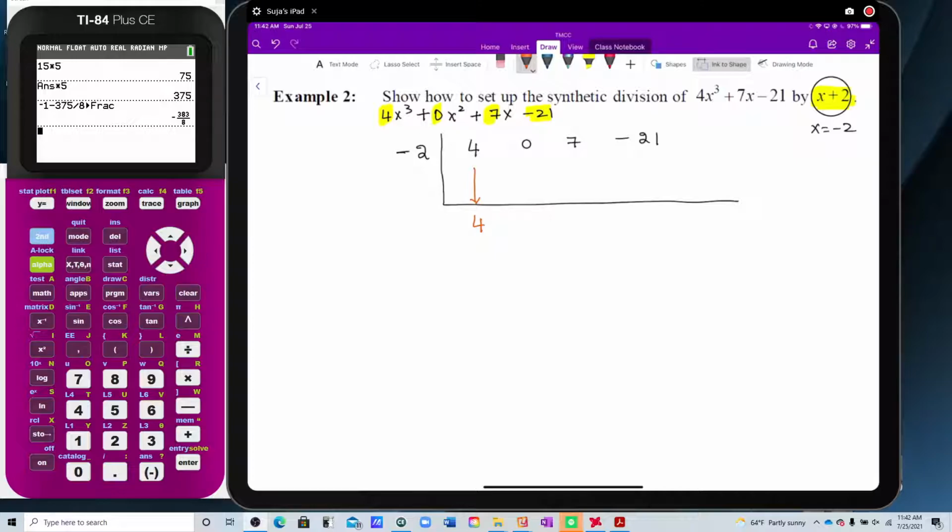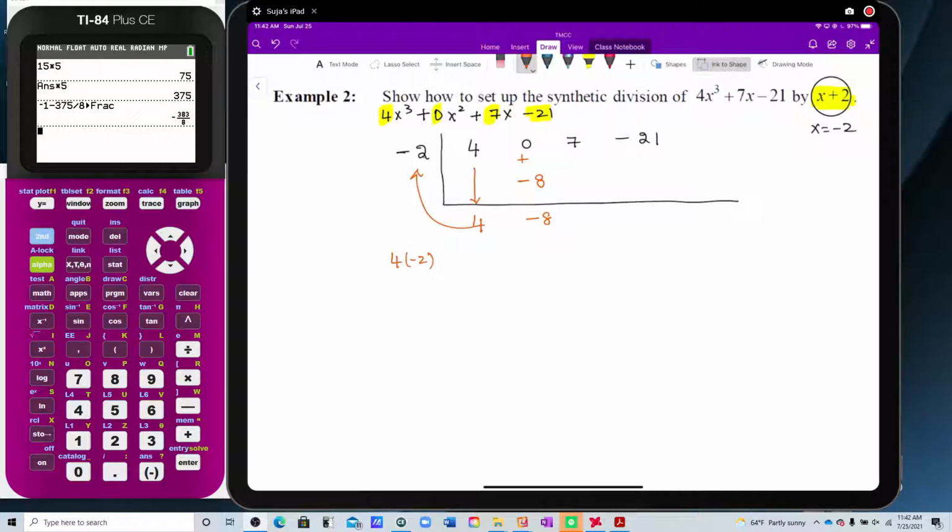The next step is you take the 4 and multiply it by the negative 2. 4 times negative 2 is negative 8, and you write it below the 0. Now the difference is when you go down, you're adding. So 0 plus negative 8 is negative 8.